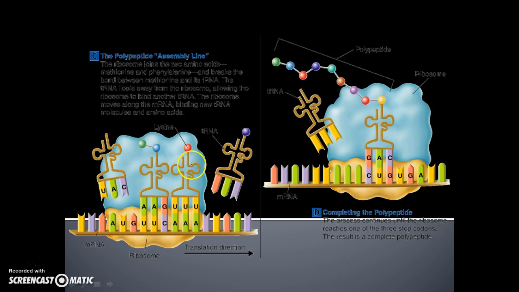And we're going to bring in a new tRNA molecule with the correct anticodon to match up with our messenger RNA codon. And we're going to make another peptide bond. And everything is going to keep moving over. We're going to keep getting new tRNA molecules until we get to one of our 3 stop codons. This is our stop codon.